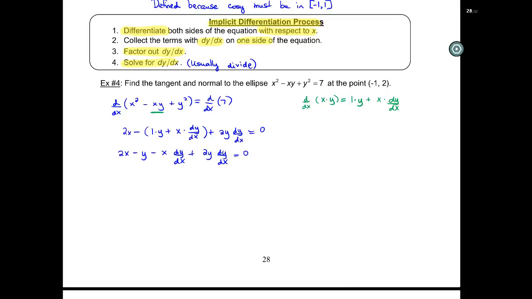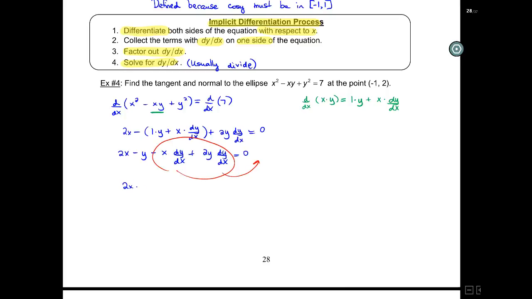What do we want to move? Okay, so you have a choice. You can either move these two terms to this side or these two terms to this side. Doesn't matter. Pick one. Which one do we want to pick? Do you want to move the dy dx to the right side? Okay, so I'm going to move these two over here.